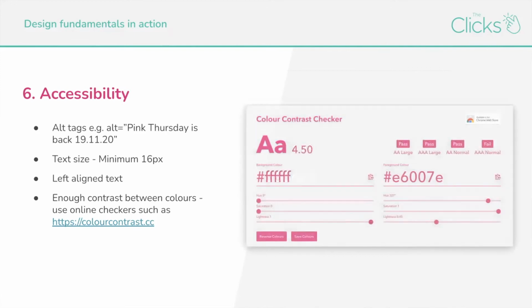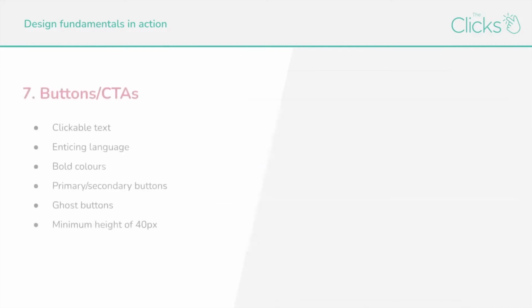Whereas changing it to this pink on a white background, you can see that it passes. So you can use online contrast checkers such as this one, colorcontrast.cc, to put in your foreground color and your background color. And it just means that it's going to tell you whether it passes or fails, judging on the accessibility guideline standards.